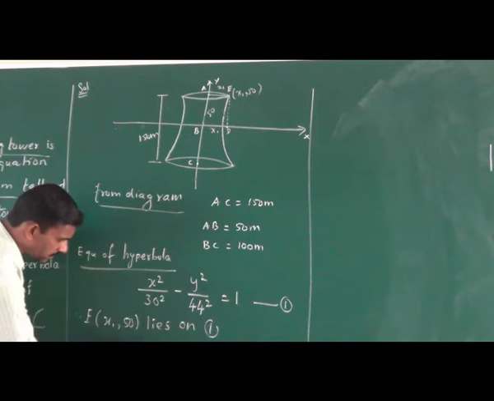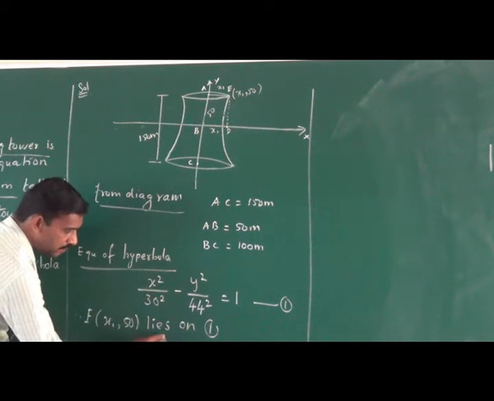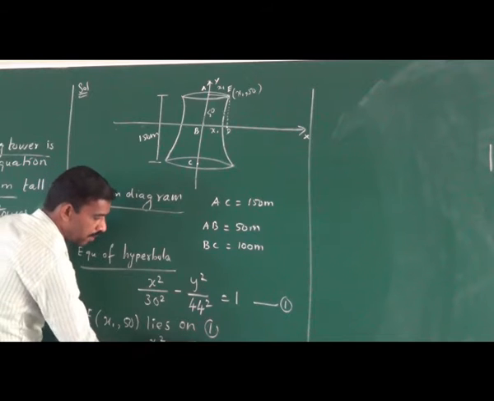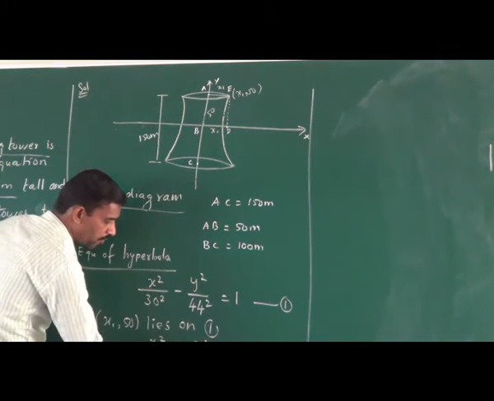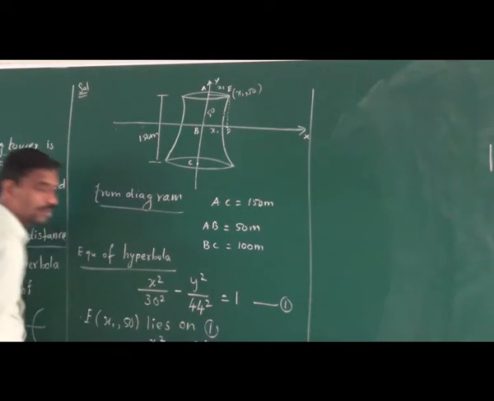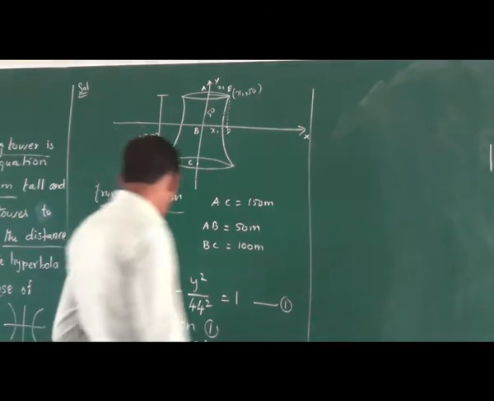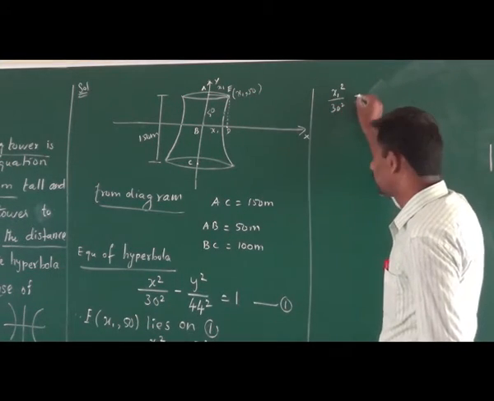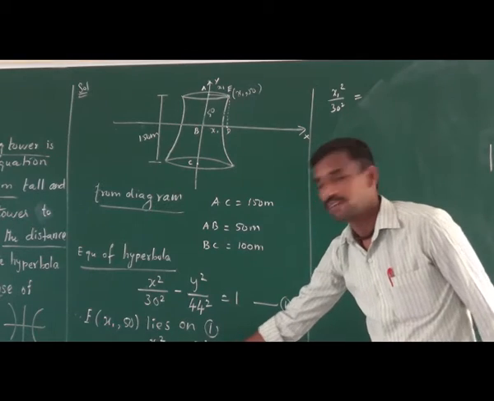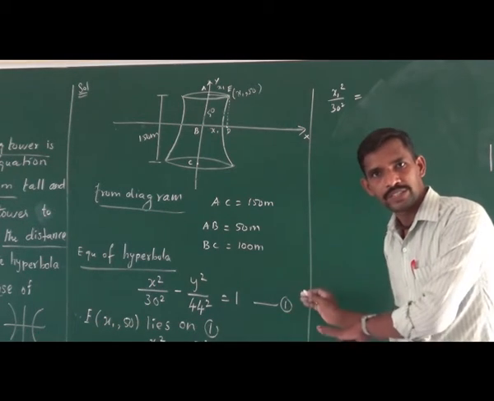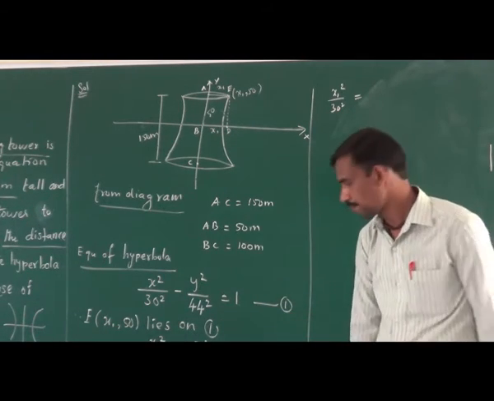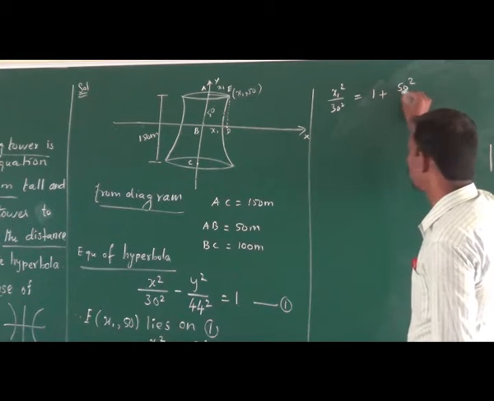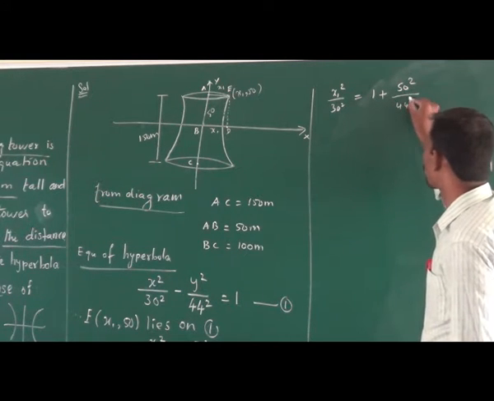Okay, now just look at this first equation. x1 square divided by 30 square minus 50 square by 44 square is equal to 1. Now we have to find x1 square. So x1 square divided by 30 square is equal to, the minus term goes to the right side and becomes plus, so 1 plus 50 square divided by 44 square.